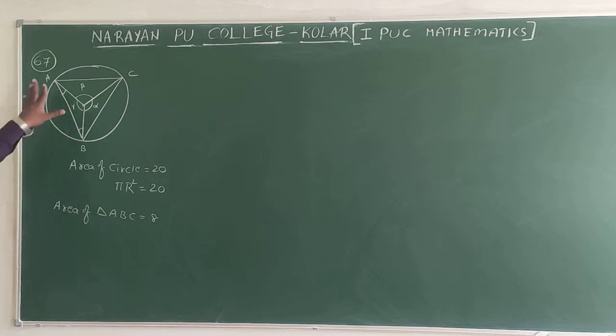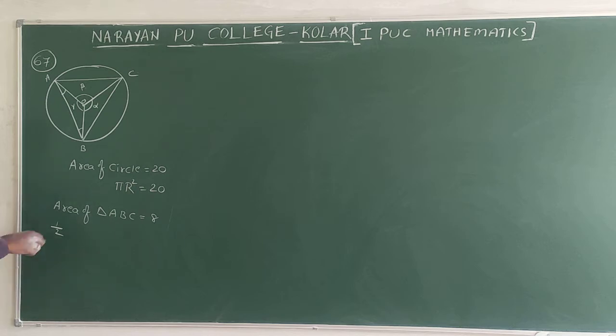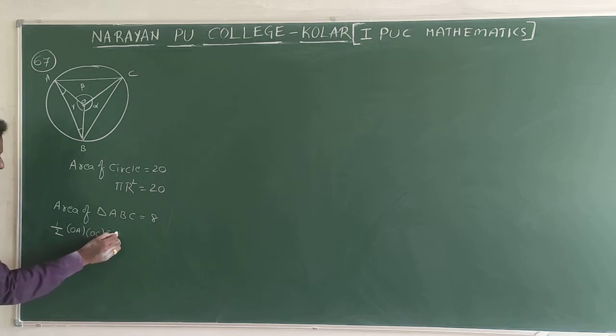I am dividing this entire triangle into 3 triangles, meaning this area plus this area plus this area is equal to 8. How to find the area? We have formulas. First, area is half into, for example I am taking this triangle, if I take this as O, if I take OA and OC and the angle is beta, half OA OC sin beta.